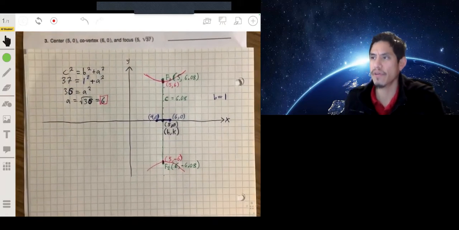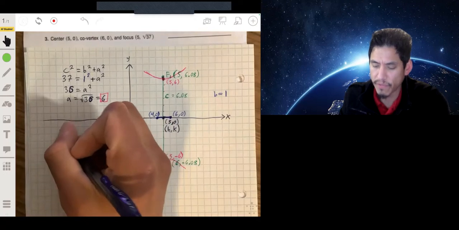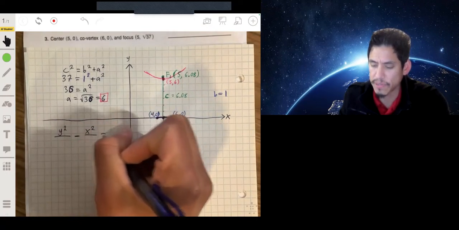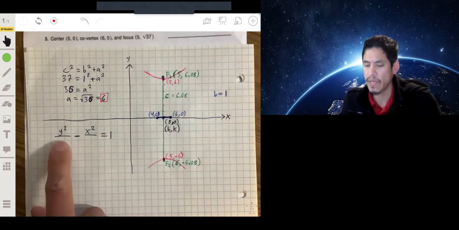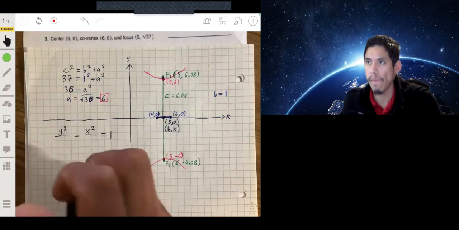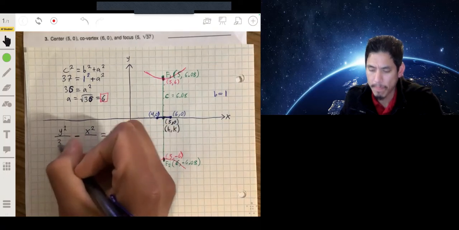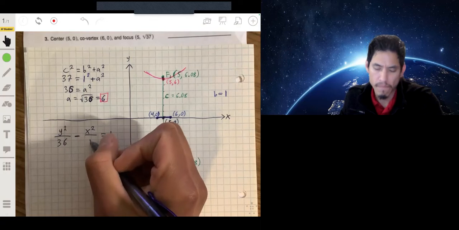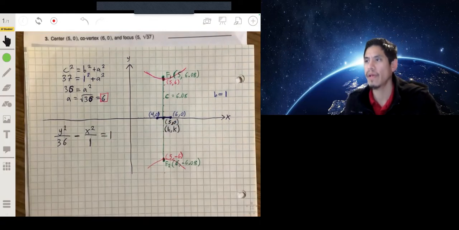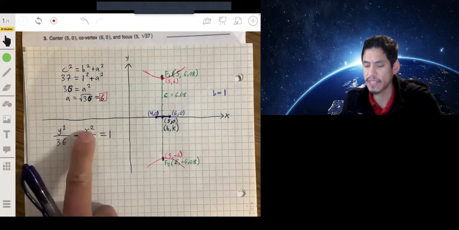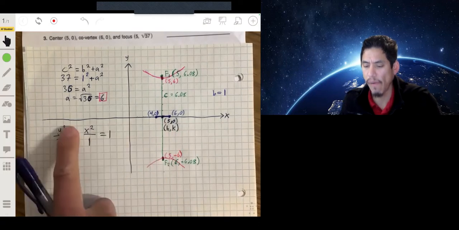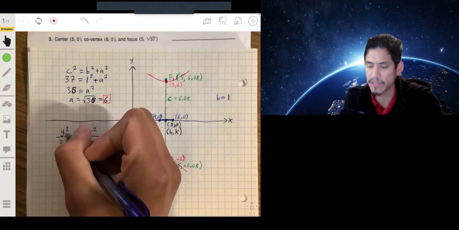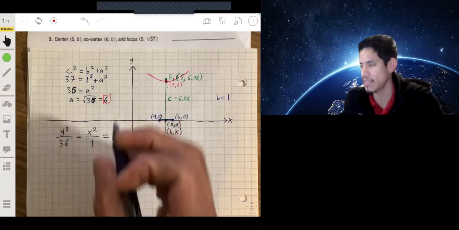Anyway, since it's a vertical hyperbola, we're going to have the form y squared over a squared minus x squared over b squared is equal to 1. A squared is 36. B squared is 1. And actually now, since it's not centered at 0, 0, these two become y minus k squared and x minus h squared.